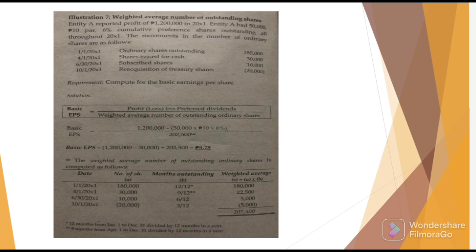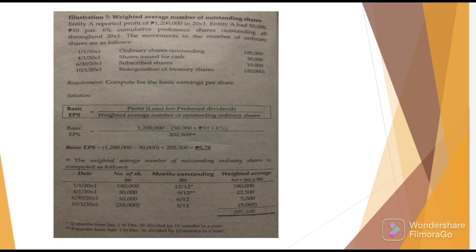Tapos, ang makukuha natin is 5.78 pesos. Yun ang basic earnings per share. Ganun lang siya kino-compute. Ang naiba lang naman is yung outstanding share kasi naka-breakdown kung ilang months outstanding yung shares. Bali, i-weighted average lang naman yun.